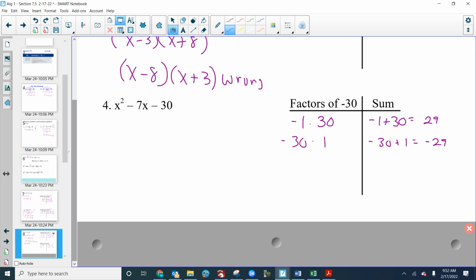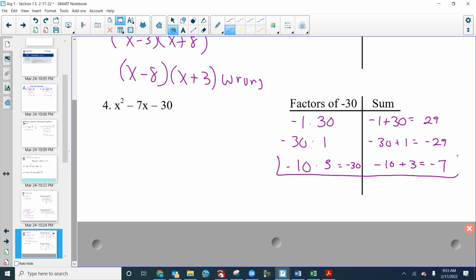Matthew, what'd you get for your product? Oh, I got parentheses, x plus 3, parentheses. Well, no, what are your numbers that are going to multiply? Negative 10 times 3. Is the product negative 30? Yes. Is the sum negative 7? Yes. Yeah, so that's a good check.